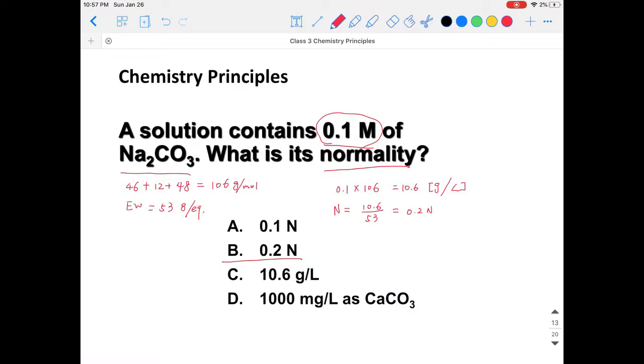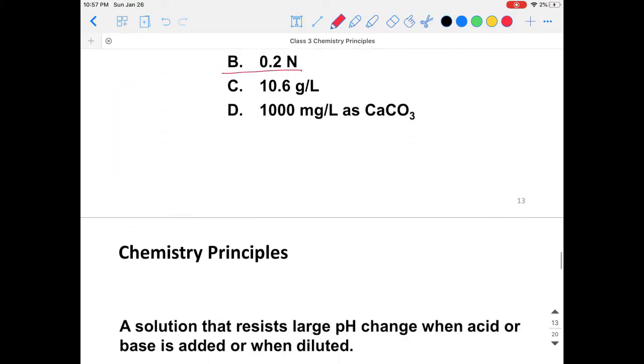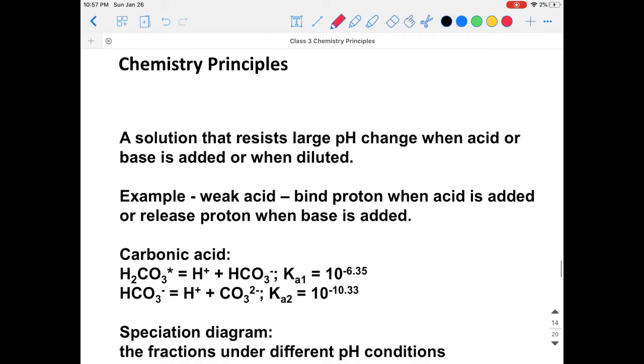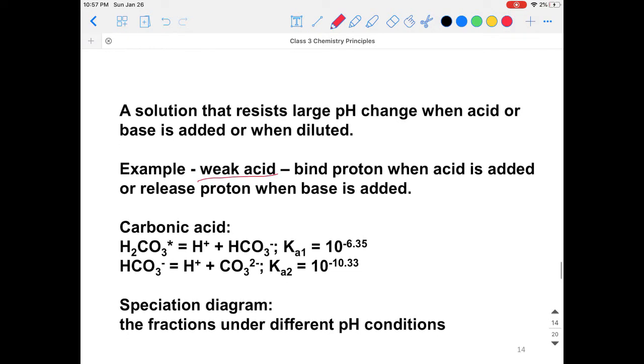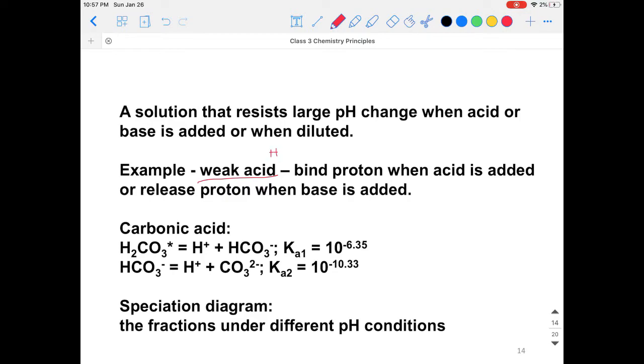And now we can take a look at the buffer system. So what is a buffer? A buffer is a solution that can resist large pH changes when an acid or base is being added or when it's being diluted. For example, a weak acid can be a buffer. Okay, so let's take the bicarbonate ion for example.